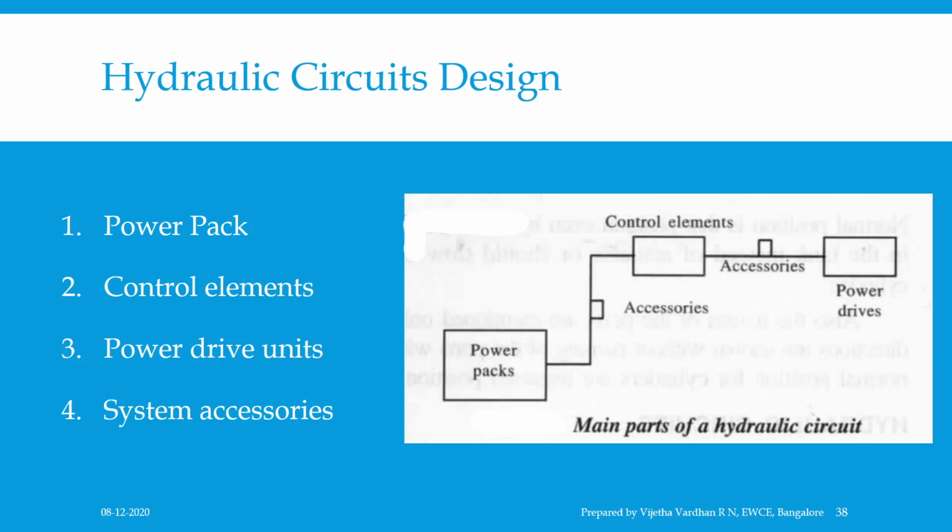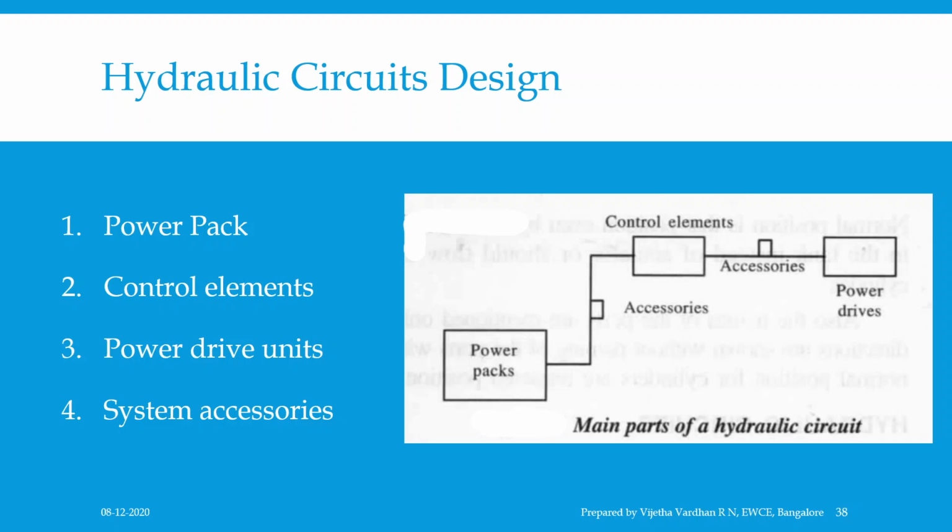Coming to hydraulic control elements, they involve various types of control valves, electrical or electronic control systems to modify the energy, quantity and direction of the fluid as desired at each stage or point.